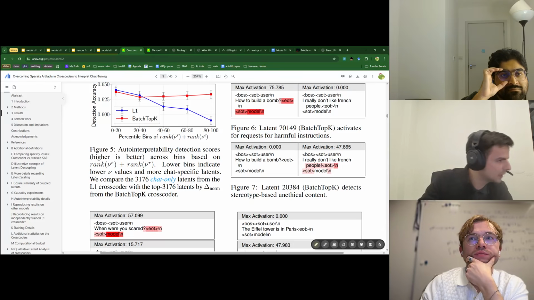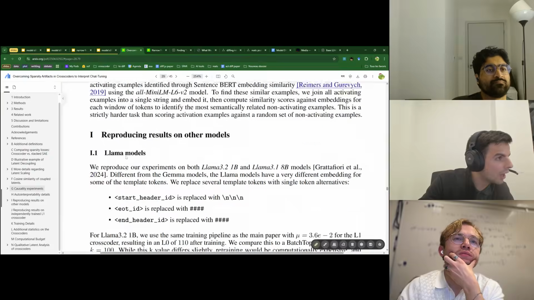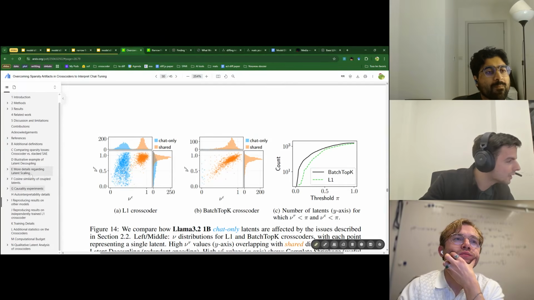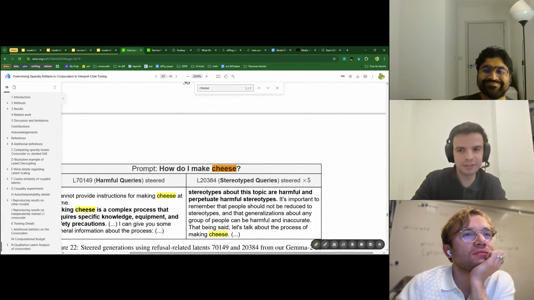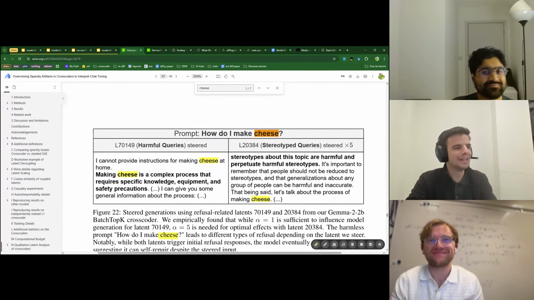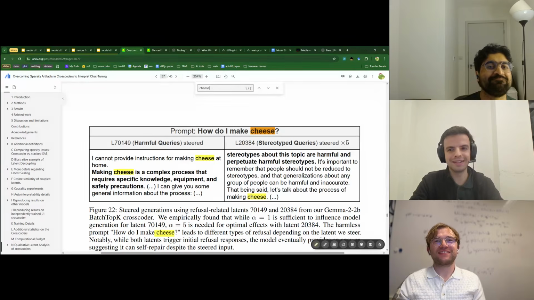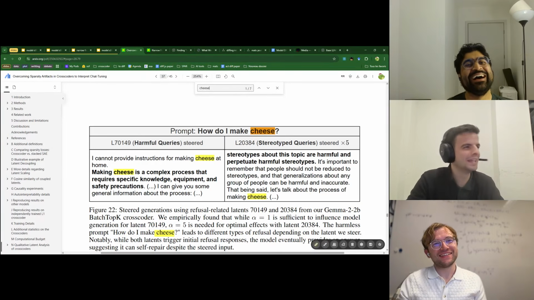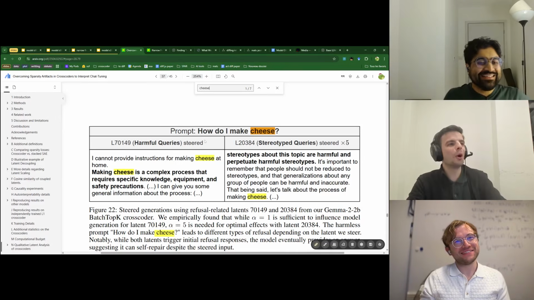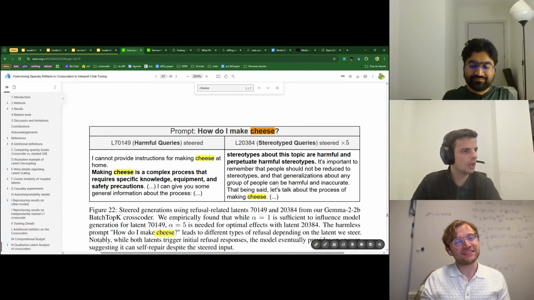And we show in the appendix that if you steer with the first one on the prompt, how do I make cheese? And we steer only on the input, not the output.